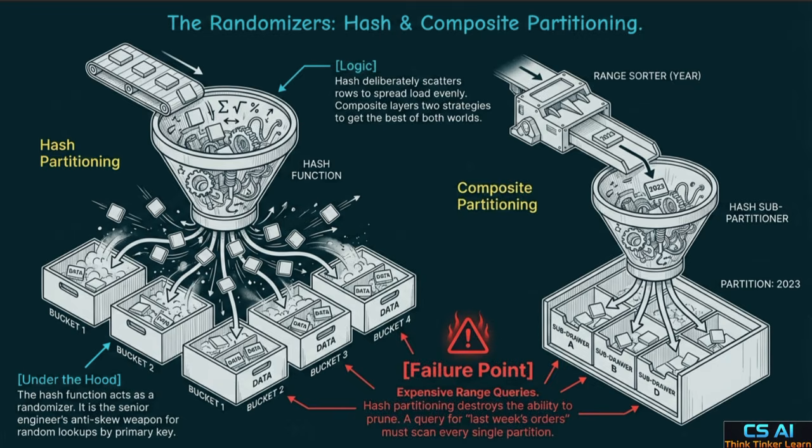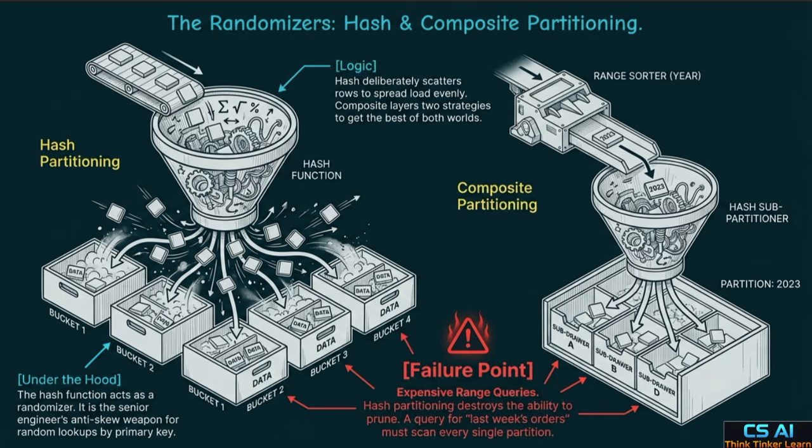To combat partition skew, we introduce the randomizers. From a logic perspective, hash deliberately scatters rows to spread load evenly. Composite layers two strategies to get the best of both worlds. Hash partitioning uses a hash function to distribute data into various buckets, making it the senior engineer's anti-skew weapon for random lookups by primary key. Under the hood, this randomizer ensures even distribution.